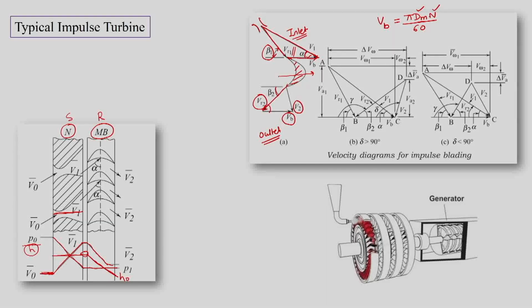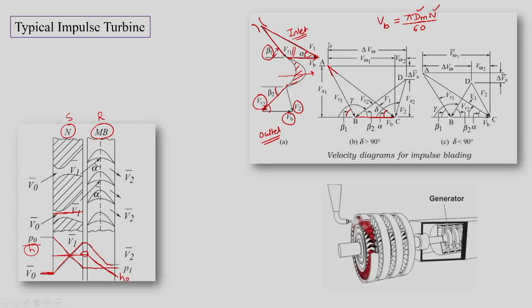Now these two triangles we can combine with each other, since both triangles have the same base, which is Vb. So this is Vb. Now we know the inlet velocity triangle, where we have V1, VR1, alpha, and beta 1.